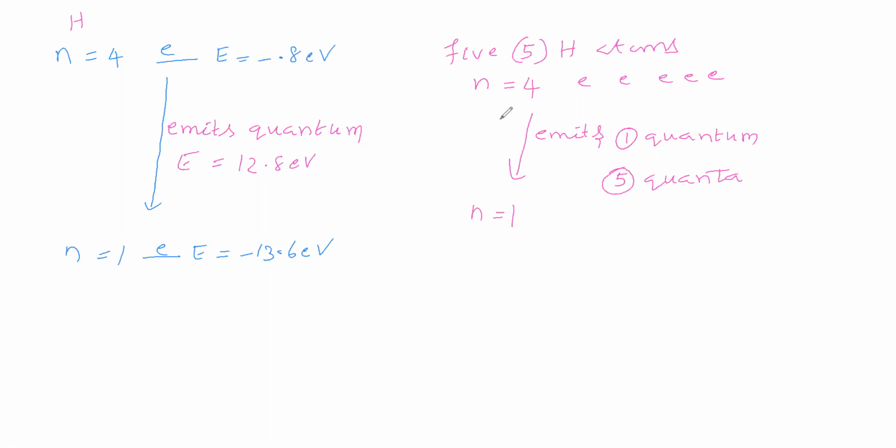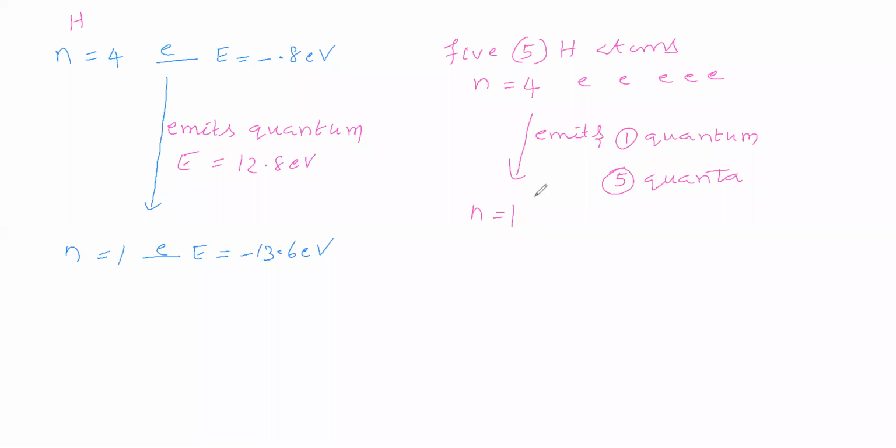Now we are assuming that in the hydrogen lamp there are 5 hydrogen atoms, with electrons present exactly in the fourth level. All these 5 electrons jump into the first level at a time. It is possible practically. When we are climbing up a staircase, you might have seen two people at a time climbing up while talking with each other.